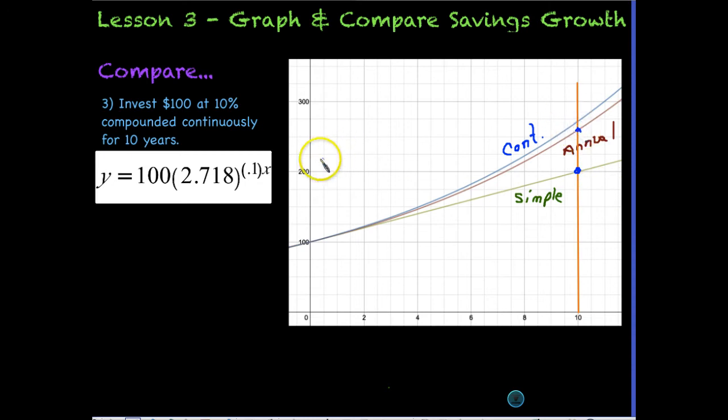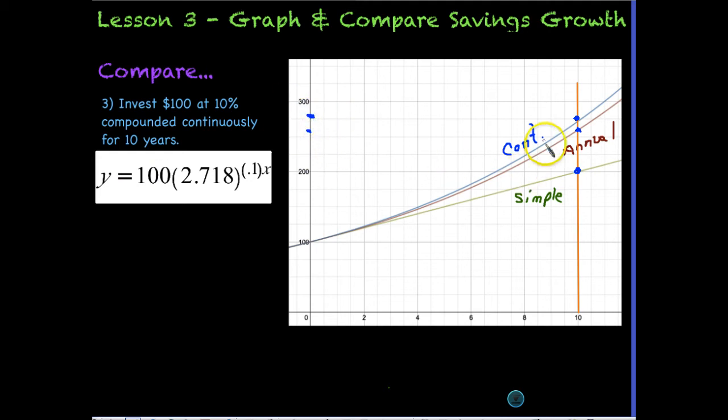Compounding annually gives us about $255, something like that. And then compounding continuously, and we have those answers, was about 272 or something like that, and that's a little bit higher. And we did calculate those already.